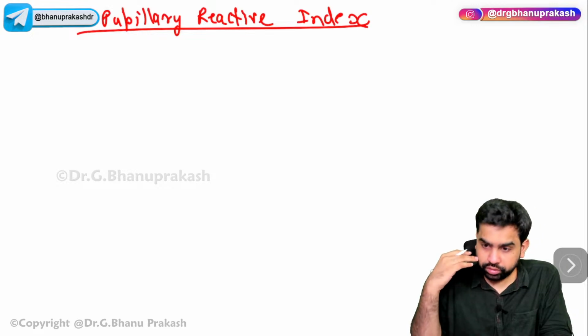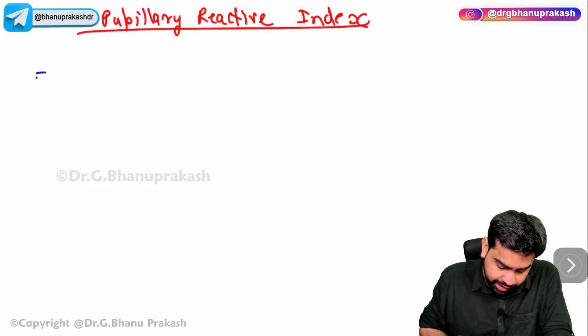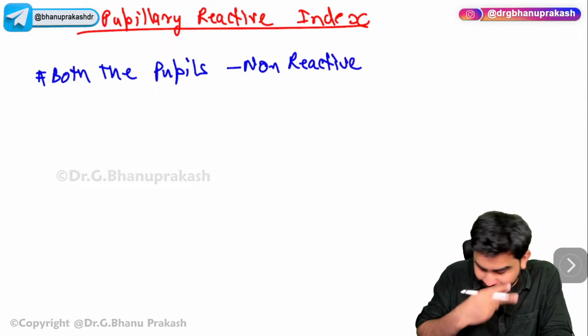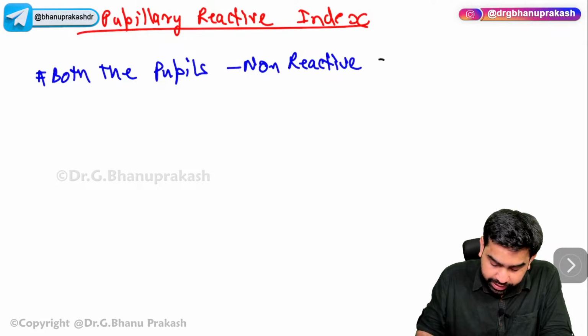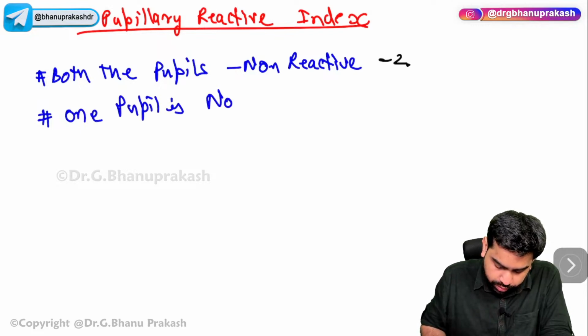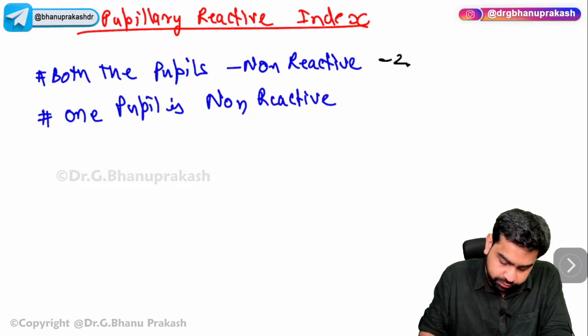So when you examine these patients and you find that both the pupils are non-reactive, this gives it a value of 2. If they say that one pupil is non-reactive, you give it a value of 1.